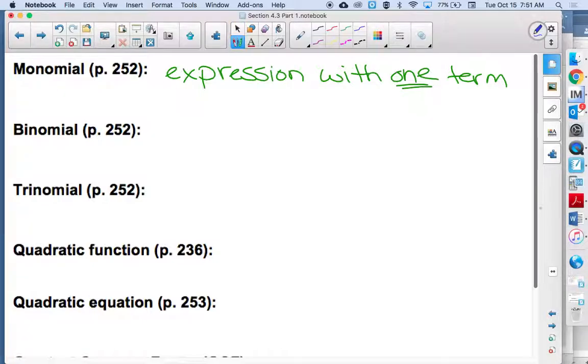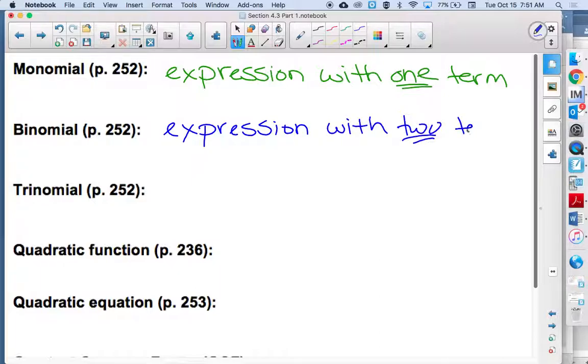So Mina, a binomial would be? Those are the ones we were doing. Yeah. So they have 2 terms. So m plus 2, 2 terms. A plus sign separates a term. How about a trinomial?